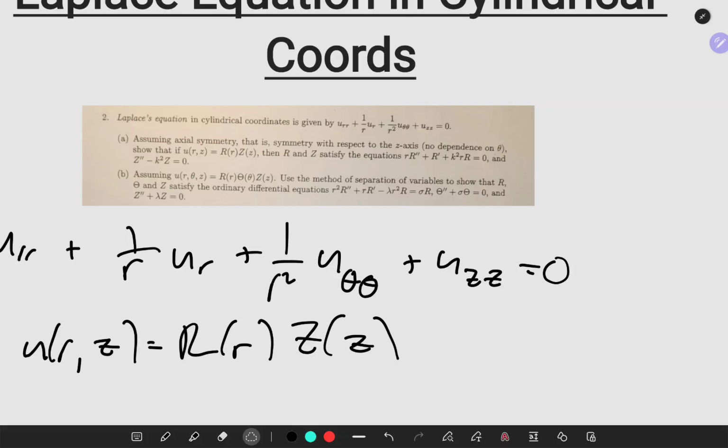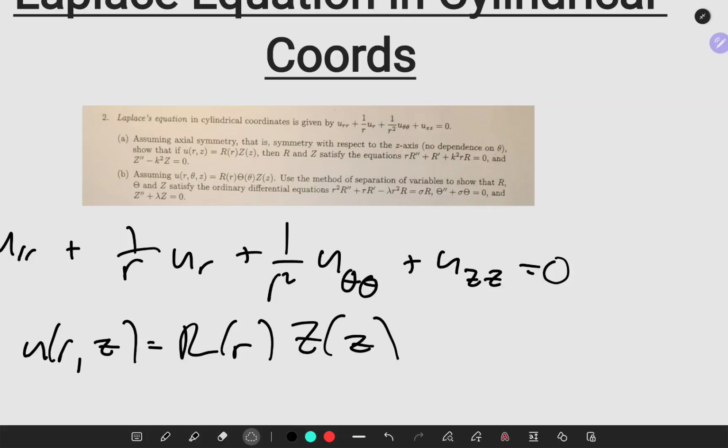You can just set it equal to lambda. But the reason it's set to negative lambda squared is that, according to ChatGPT, I had to look this up, negative k squared often leads to solutions that are physically meaningful and appropriate for this specific problem.